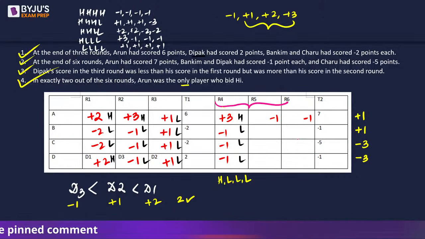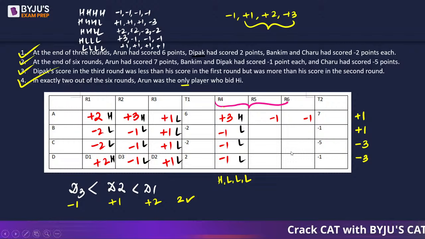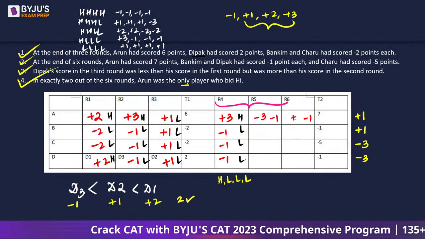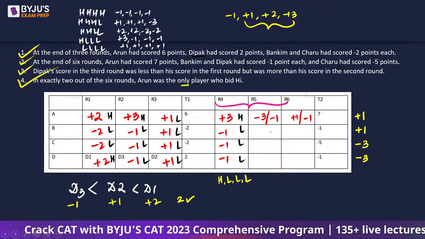Okay. Can we do +3, -3 and +1? That is also possible, no? So we can have -3 and +1. So these are the two possibilities.